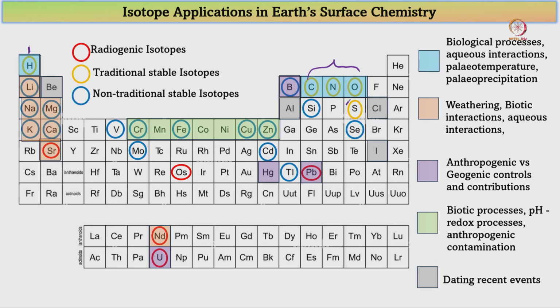So, there can be sulfur and oxygen isotopes, or there can be some other, for example, sodium isotopes or iron isotopes.